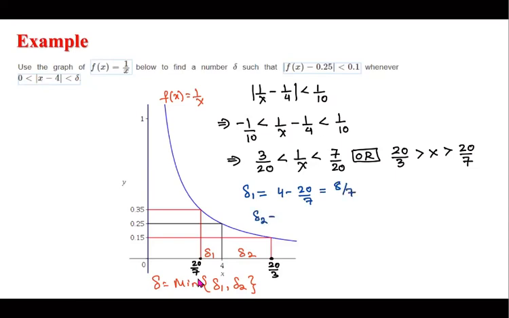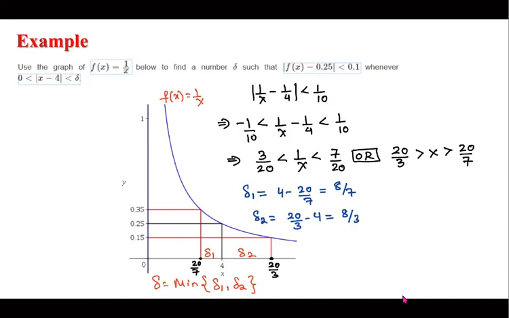And delta 2 is this distance here, 20 over 3 minus 4, which is equal to 8 over 3. So we get two values: 8 over 7 and 8 over 3. Those are delta 1 and delta 2.